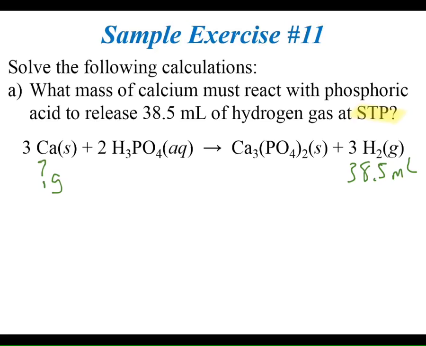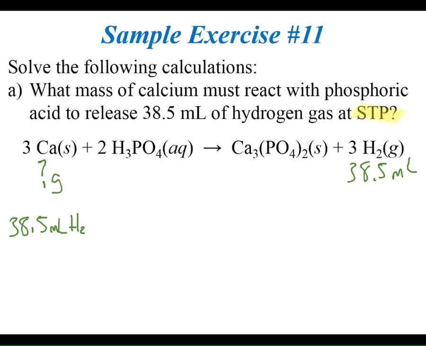How could I get from volume of hydrogen gas to mass of calcium? I have to somehow turn volume of hydrogen gas and get that over to calcium. What could I do?